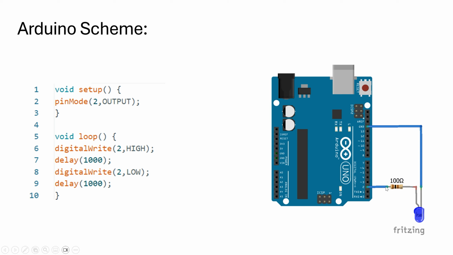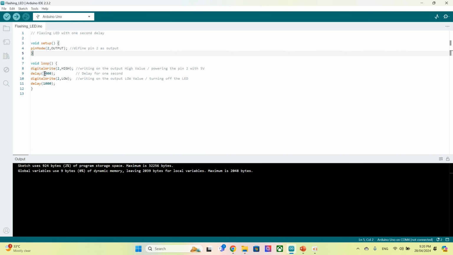I connected pin number 2 to the resistor, and the resistor to the positive of the LED, and the negative pin of the LED to the GND. Okay, here is our Arduino code.